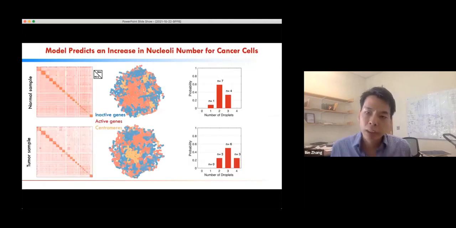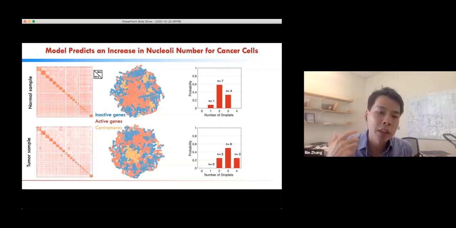And as a final check, we also went back to our tumors, and we performed a dynamical simulation of phase separation in tumors. And here, everything was kept the same regarding the protein particles, the concentration, the interaction with the chromatin. Everything was kept the same. The only thing that we changed was the interaction between chromosomes.